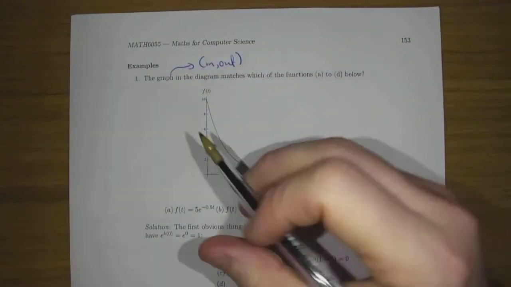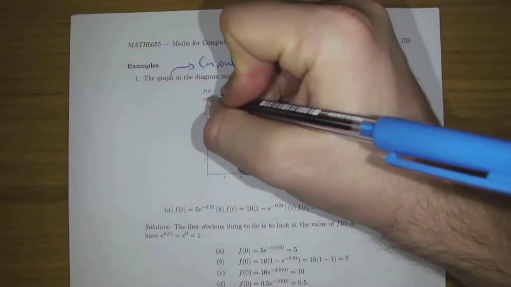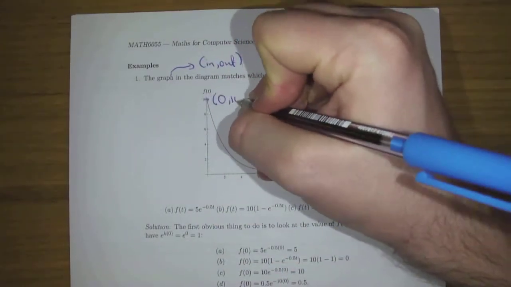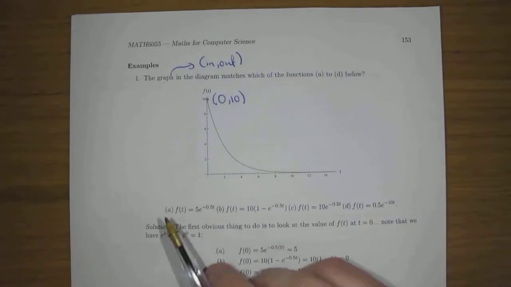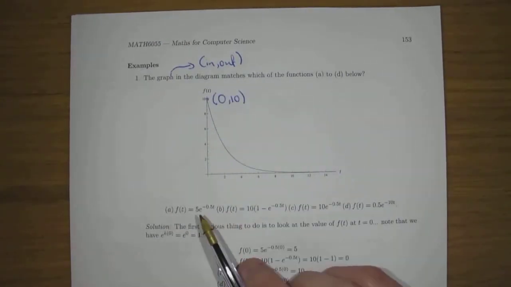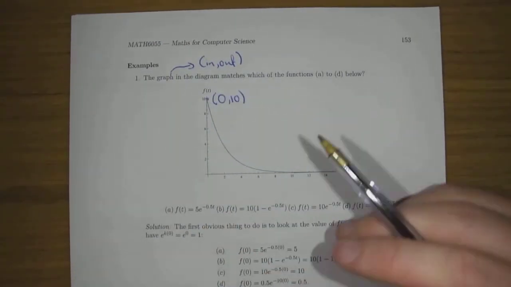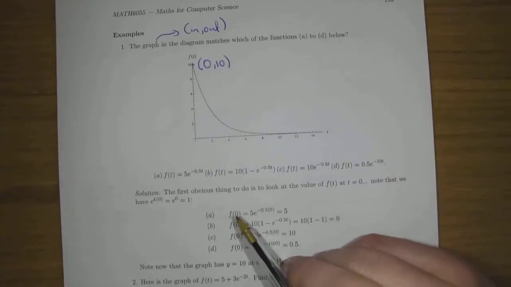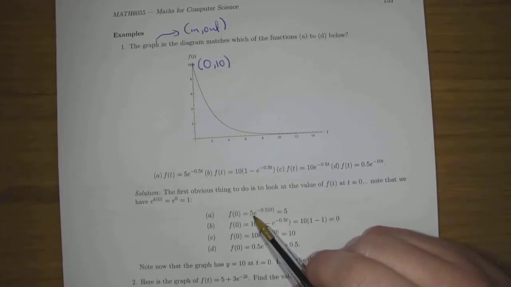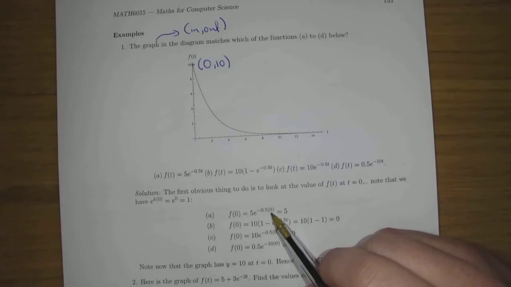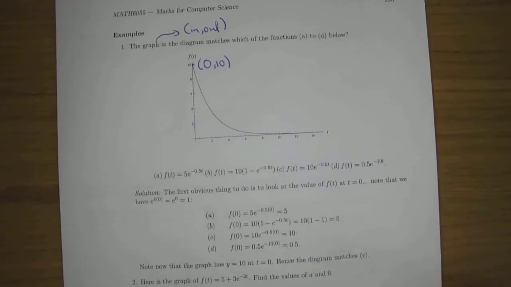Here the obvious thing is to look at the point x equal to 0, y equal to 10. So whatever it is, if you put in 0, you must get out 10. If you put in 0 into this, what happens? 5e to the power of minus 0.5 times 0. Minus 0.5 times 0 is 0. e to the 0 is 1, so 5 by 1 is 5. So that one doesn't work.